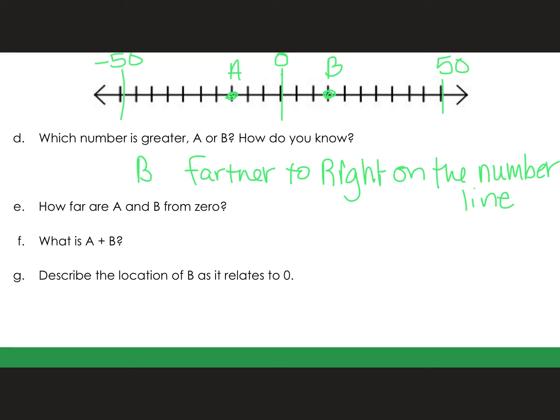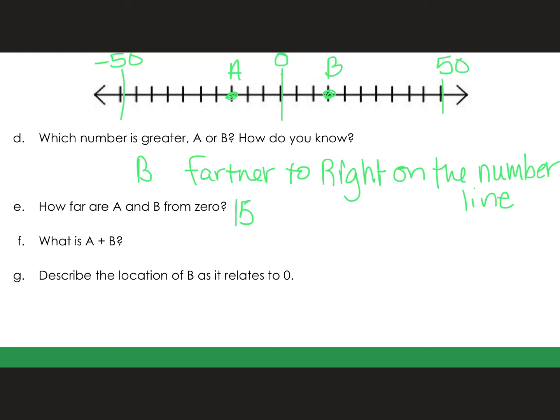How far are A and B from 0? So A is 5, 10, 15 from 0. B is 5, 10, and 15 from 0. So they are both 15 from 0.